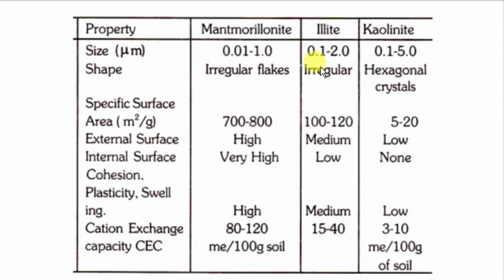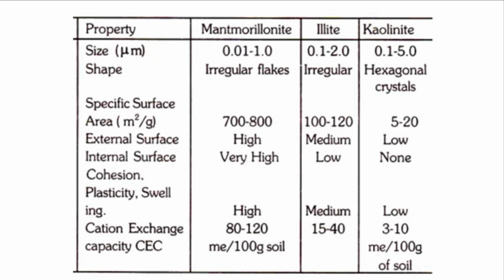We also have to notice that the spacing in montmorillonite can be 9.8 Angstrom to infinity since it is connected by weak bonds, whereas for illite it is 10 Angstrom and for kaolinite it is 7.2 Angstrom.